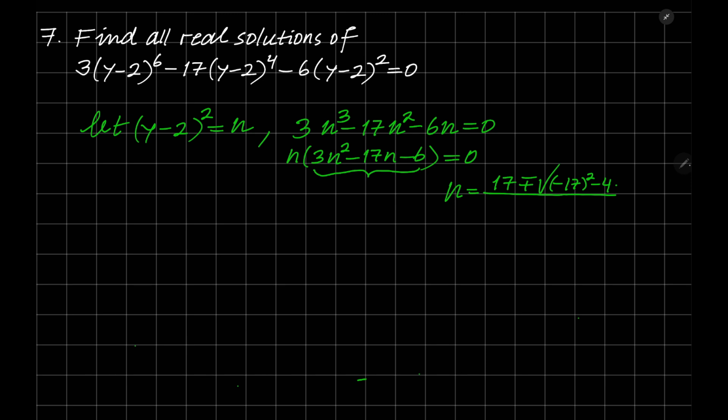A is 3, c is negative 6, divided by 2a. A is 3, so it's 6.